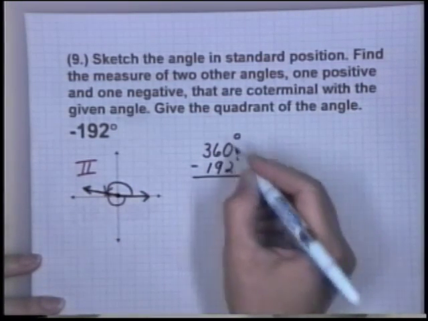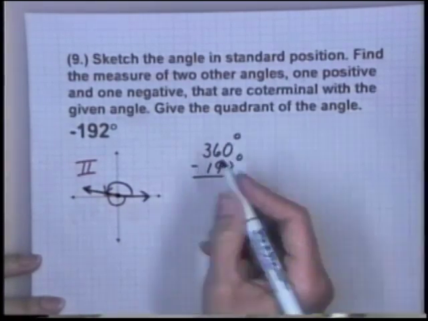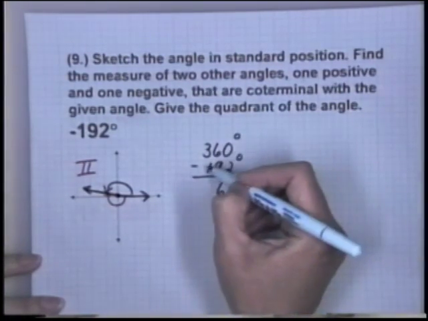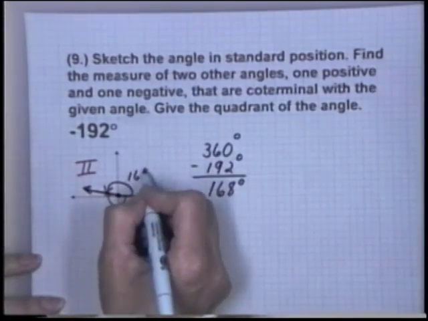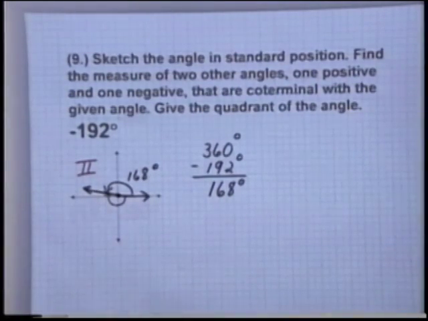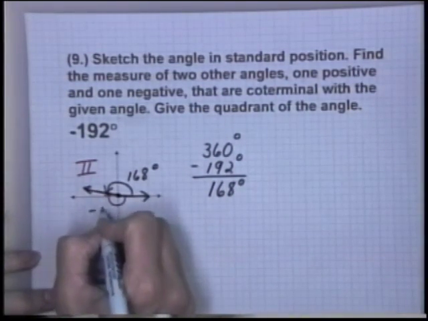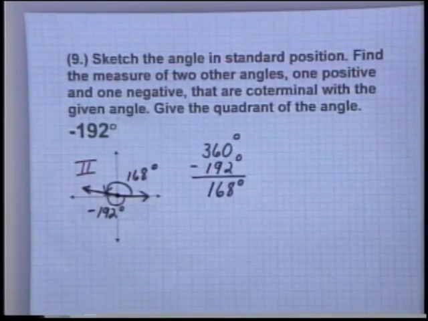Let's see, 2 from 10 would be 8, 9 from 15 would be 6, 1 from 2 would be 1. So this angle would be 168 degrees, and it would be coterminal with this negative 192 degree angle.